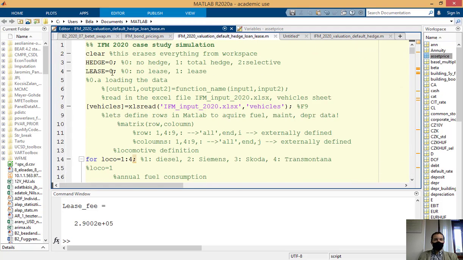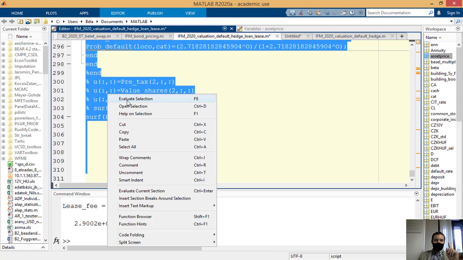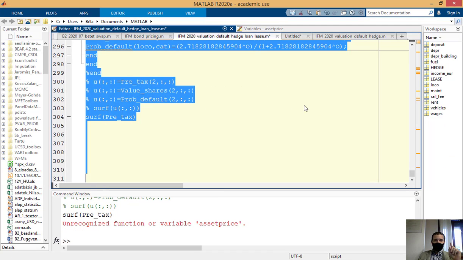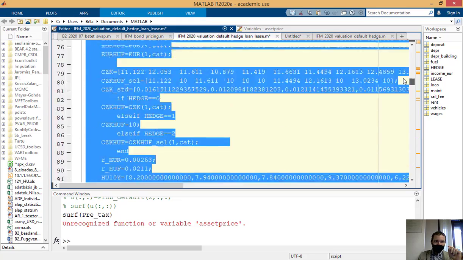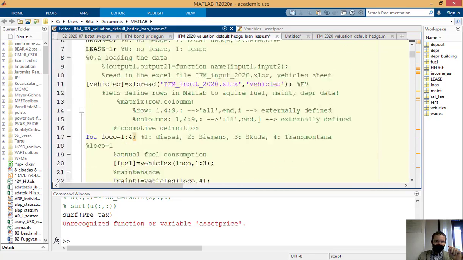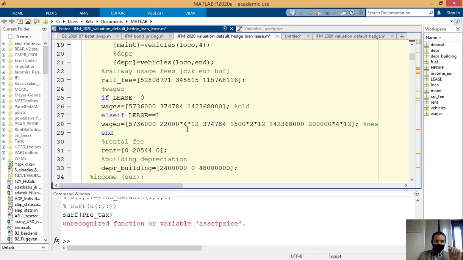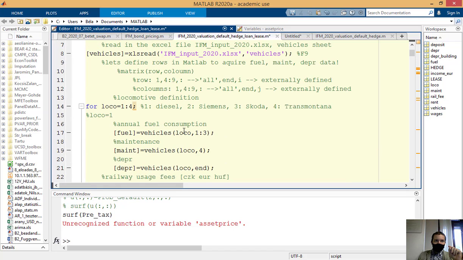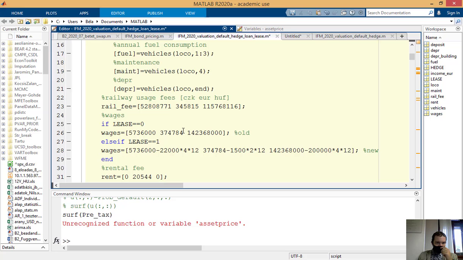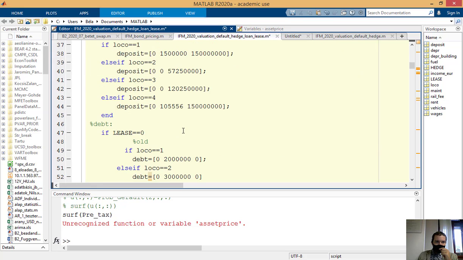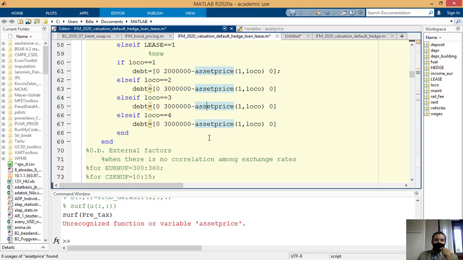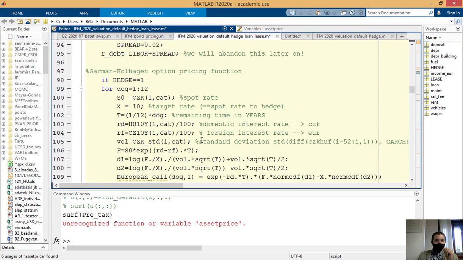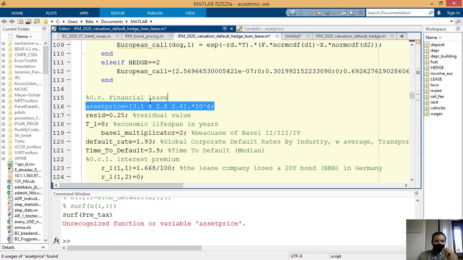So let's see what is the difference if we are turning on the lease. Will it work? First question. No. Why? Asset price. Which says that it's not able to realize what the asset price is, so maybe it's already referred to here, but we are defining asset price there.